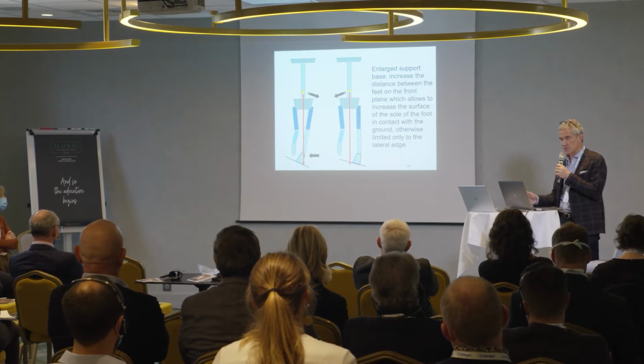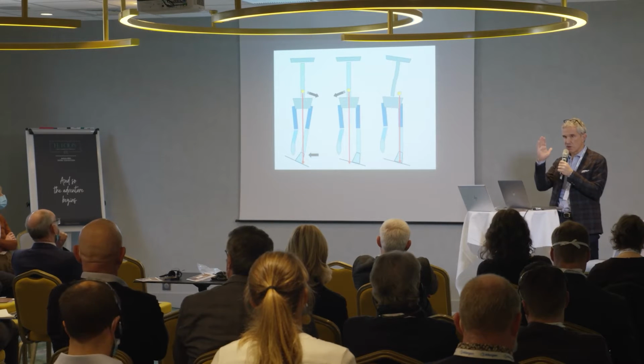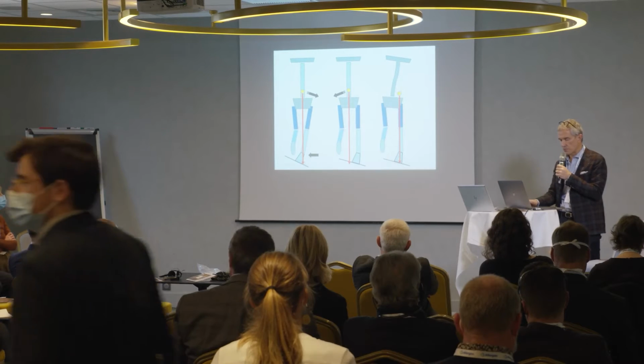But the center of gravity moves toward the opposite side, and so the trunk must be moved toward the limb instead to permit the correction of the center of pressure.